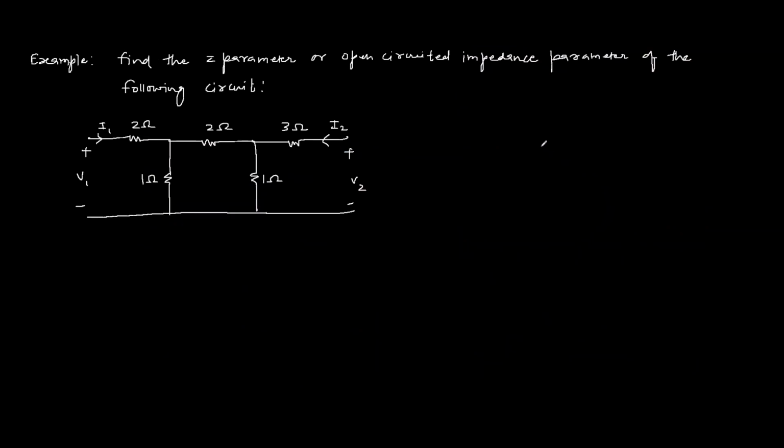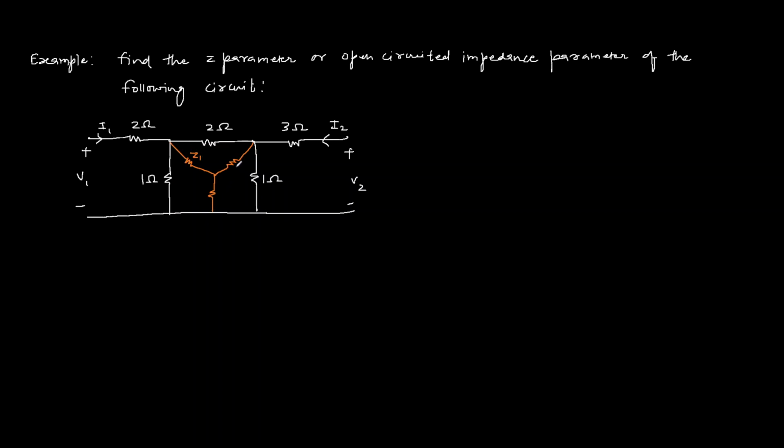Now let's see one example. For this circuit, we have to find out the Z parameters, or open circuited impedance parameters. In this circuit, we can see that there is a pi network, and we need to convert this pi to a T network, or this delta to star.